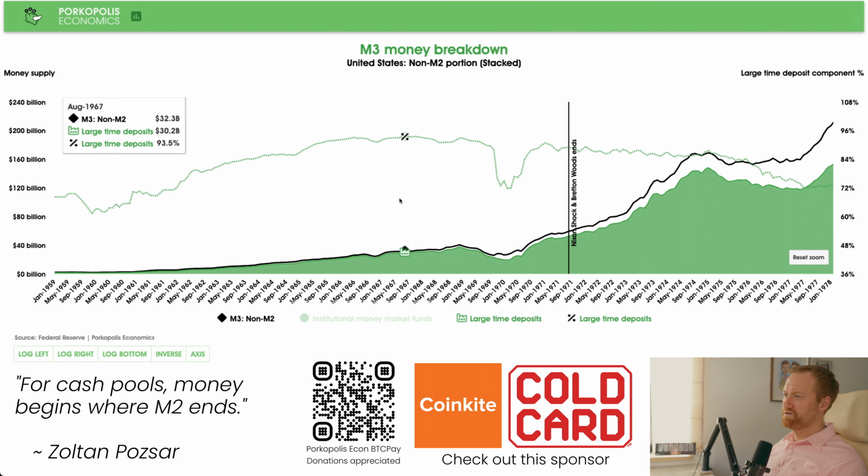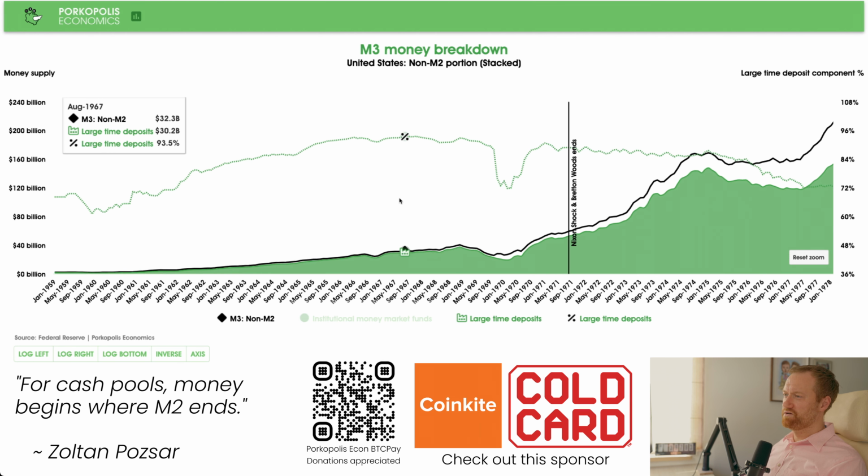It had a dip here in the 70s. I'm not completely sure why that is. I haven't looked into it, but we had the Nixon shock here, the end of Bretton Woods. For some reason, liquidity left this broader monetary instrument. It came back, though, relatively soon after.